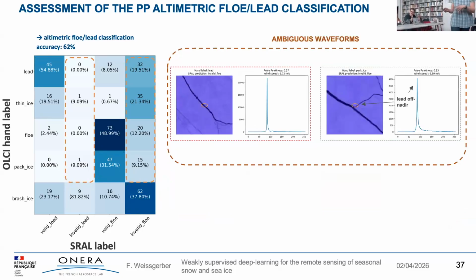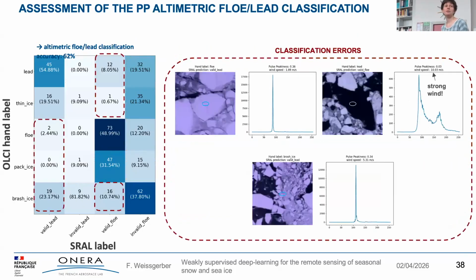But then we have all the ambiguous waveforms. Again, we have an off-nadir lead here. And then here it's really weird because it's above a lead. It looks a bit like a lead, but not enough for the pulse peakiness method to work.